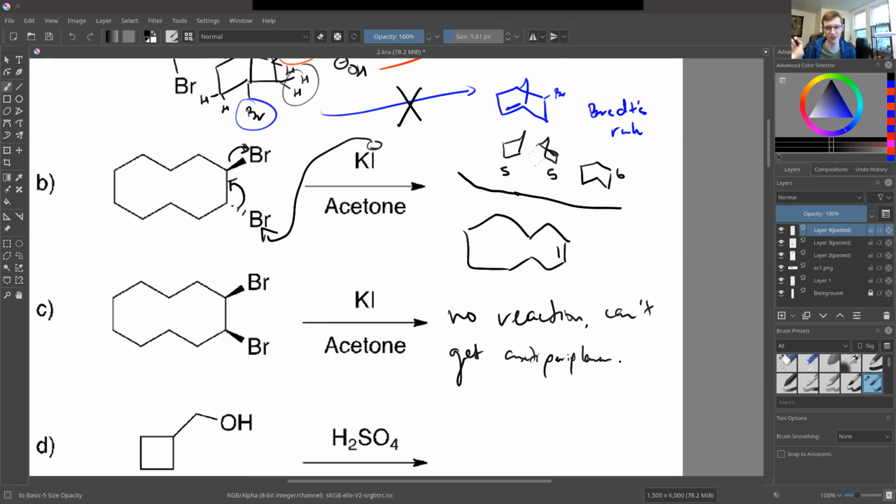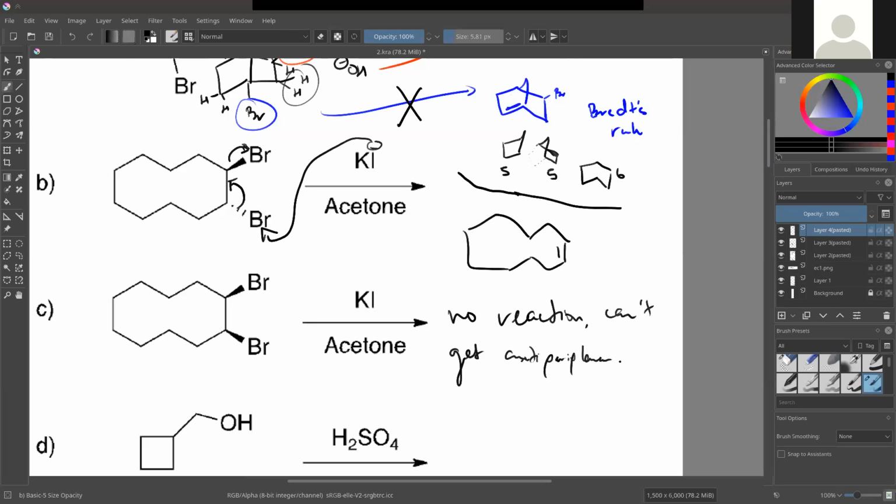It's kind of related to this, but I'll be surprised if they even mention it. Syn periplanar is that level of specific. It's not the sort of thing you should think about very often. In the answer sheet, it says that there is an alkene product for C.